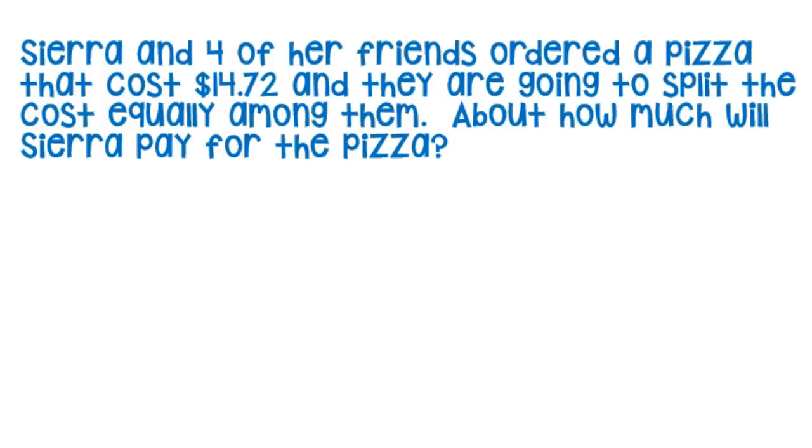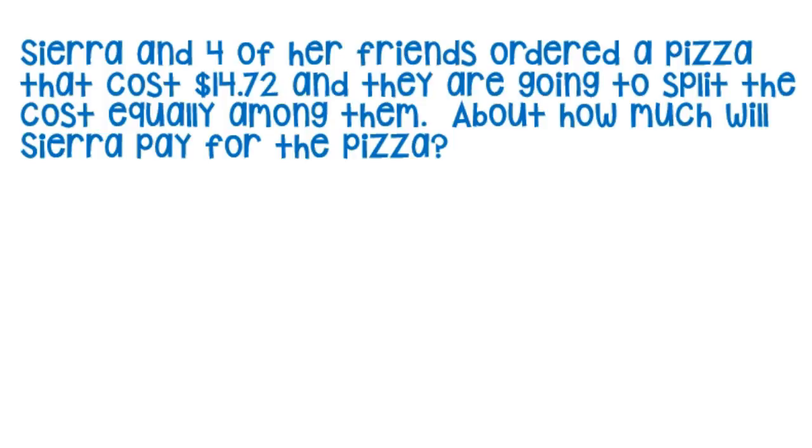Sierra and 4 of her friends ordered a pizza that cost $14.72, and they are going to split the cost equally among them. About how much will Sierra pay for the pizza?